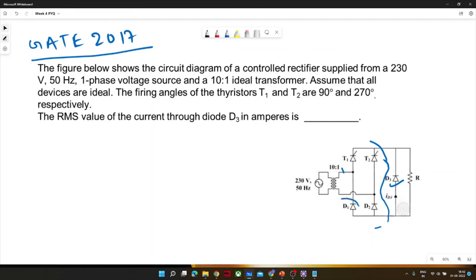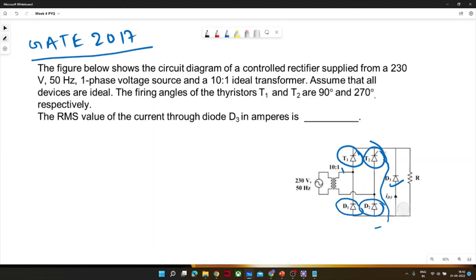Because it has two diodes, and diodes are uncontrolled switches, and thyristors are controlled or semi-controlled switches, because we can control the turn on of a thyristor, but we cannot control the turn off of a thyristor. That's why we use a lot of commutation circuits.